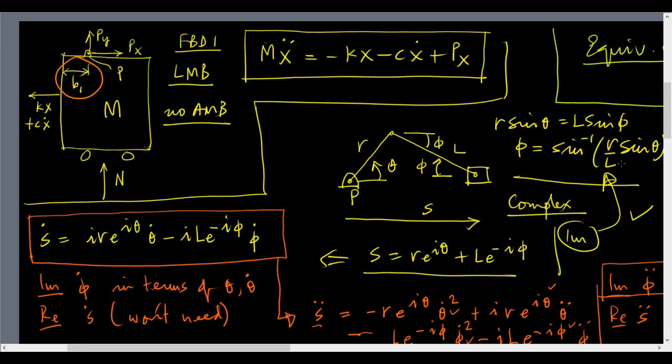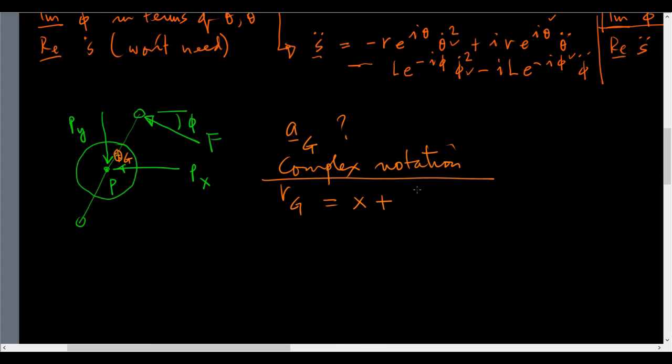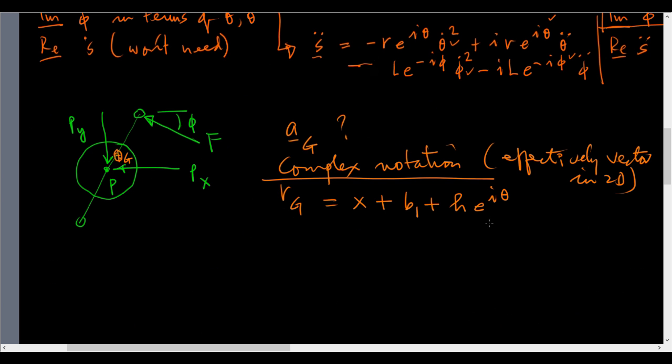So Rg is x plus b1 plus h e to the power I theta. That's Rg. Remember, complex means this is effectively a vector in 2D. All right, good.